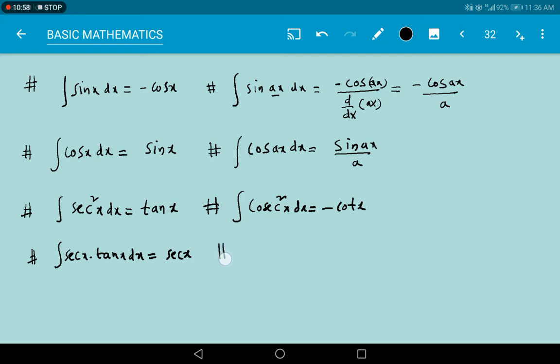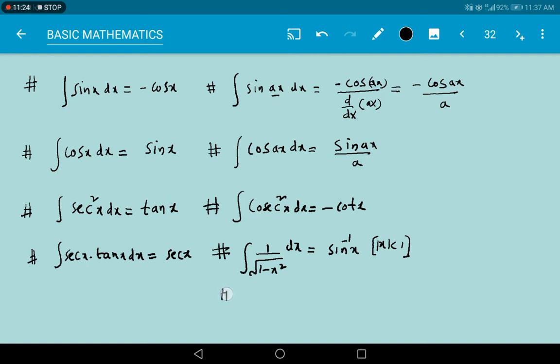Next, integration 1 by root of 1 minus x square dx is equal to sin inverse of x, where x is less than 1.